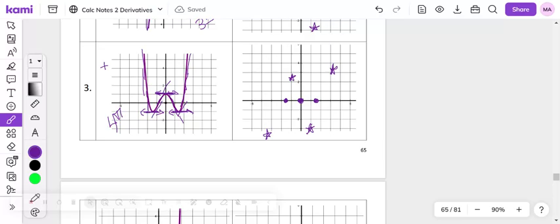Fourth degree polynomial, the derivative will be a third degree polynomial. This was a positive fourth degree polynomial, so this will be a positive third degree polynomial. This is going to look something like this. And again, it was above, below, above, because it was positive, then negative, then positive. Okay, so far so good, I hope.